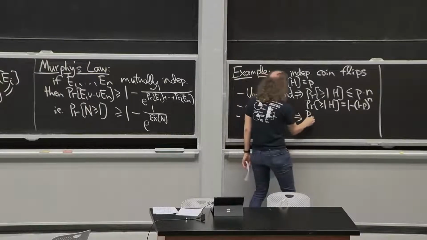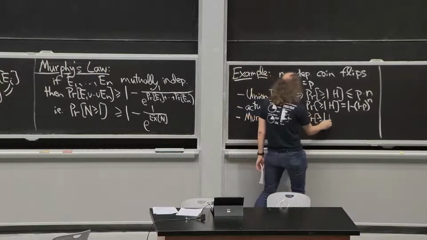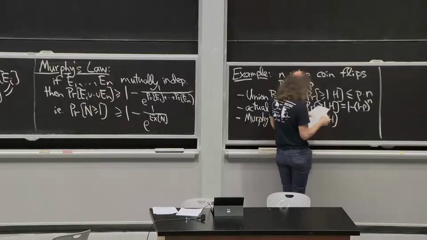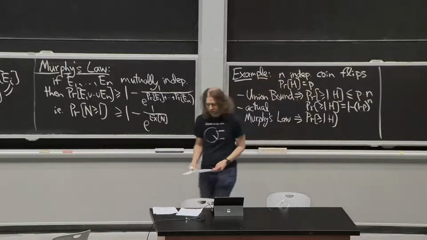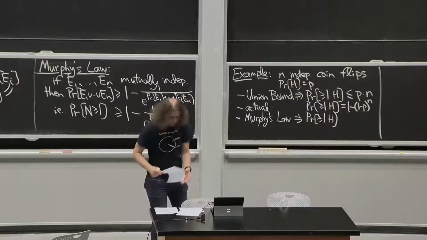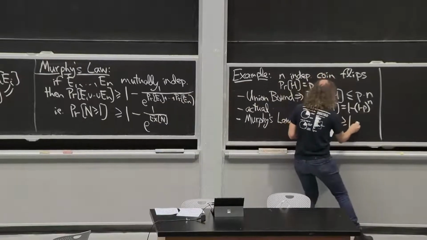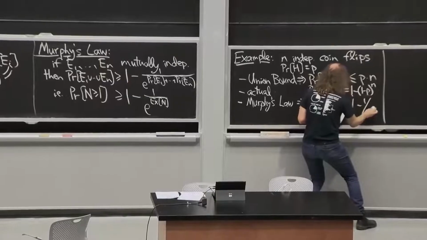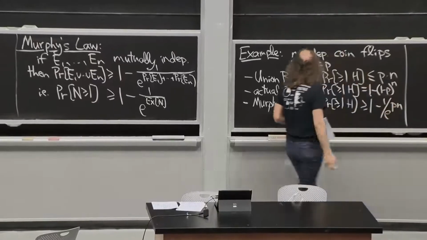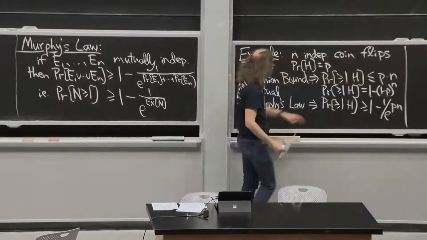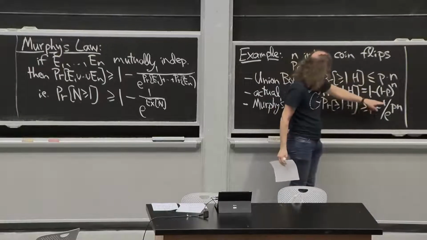And it gives us the probability of at least one head is, wrong page, at least 1 minus 1 over e to the pn. All right, again, the expectation is pn, so 1 minus 1 over e to the pn.